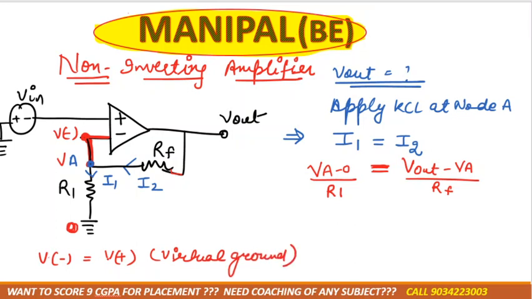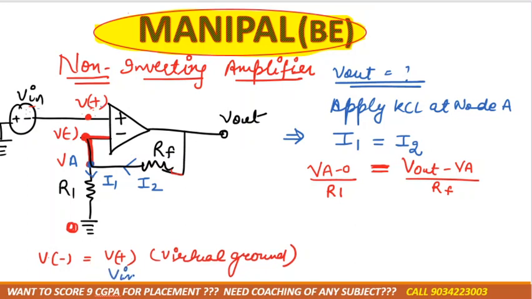So if V negative is equal to V positive, as you know, this is V positive. Now tell me, V positive and V in, are they the same voltage or at different voltages?